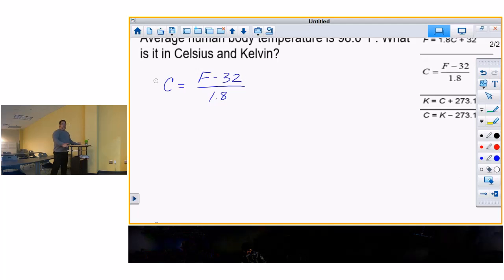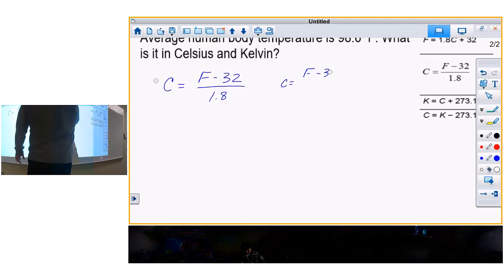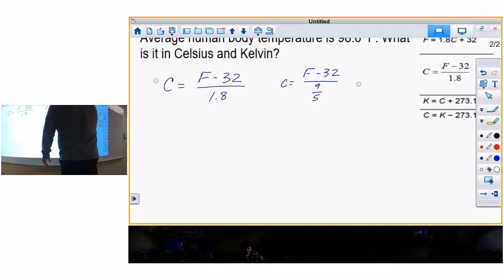Okay. All right. I'm also going to rewrite this formula in terms of 9/5. So C is equal to F minus 32 over 9/5. But when you divide by a fraction, you multiply by the what? Reciprocal.